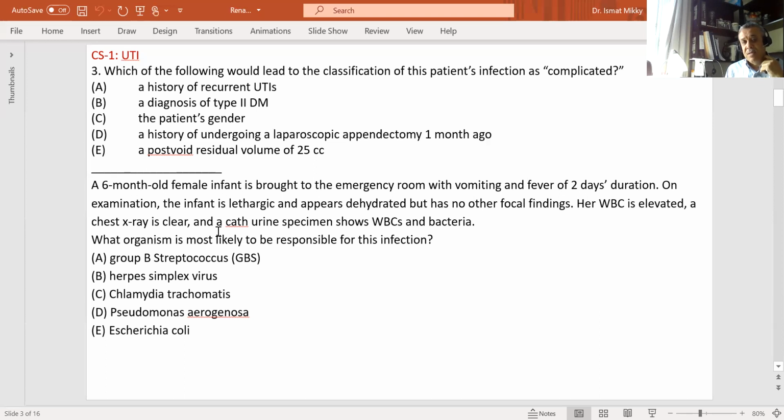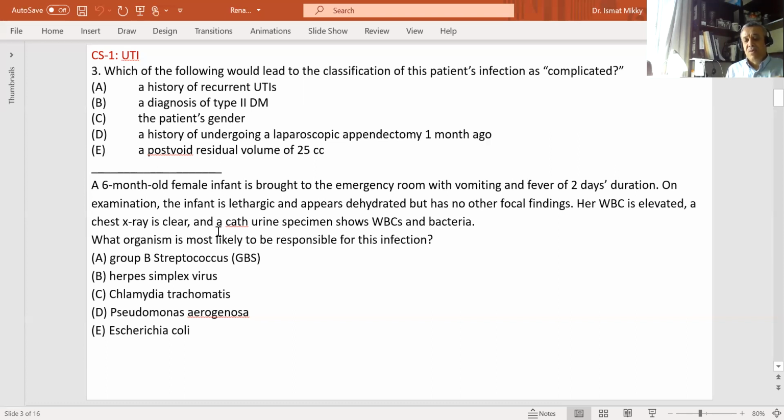This is about A, group B, why it's not group B streptococcus, which is GBS. After the first 4 to 6 weeks of life, GBS begins to diminish as a cause of urinary tract infection. The most common cause of UTI then becomes E. coli. That's the most common one, causing most of the UTIs, due to the presence of this type of bacteria.